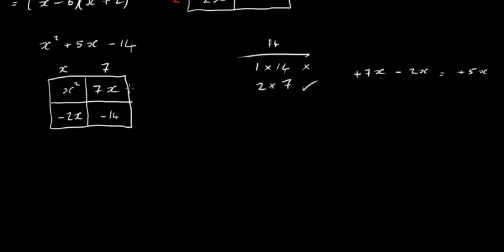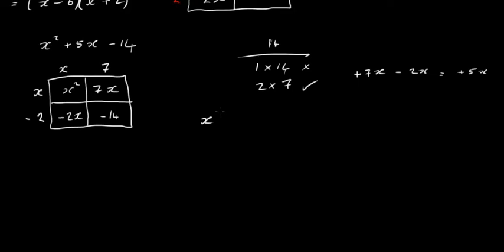Now if we go along here and look at this row, the highest common factor of x squared and 7x, again, is just x. If we look along here, we've got a minus 2x and a minus 14, so this time I'm going to go for the minus factor. Minus 2 is the highest common factor of minus 2x and minus 14.